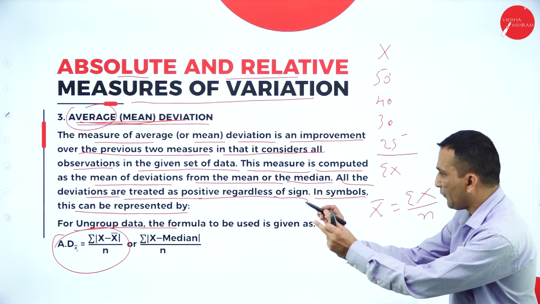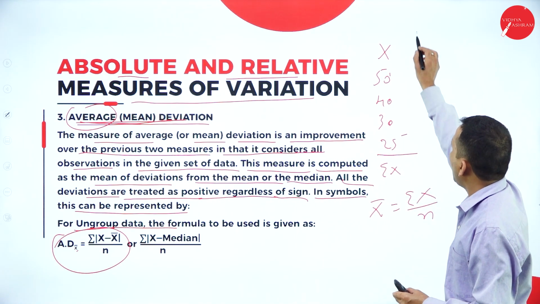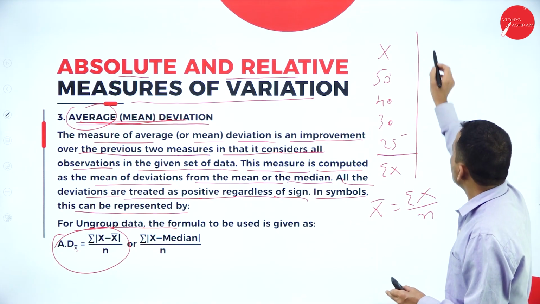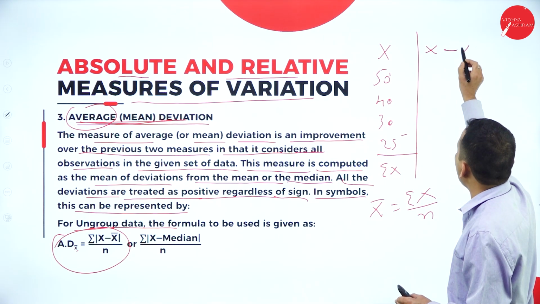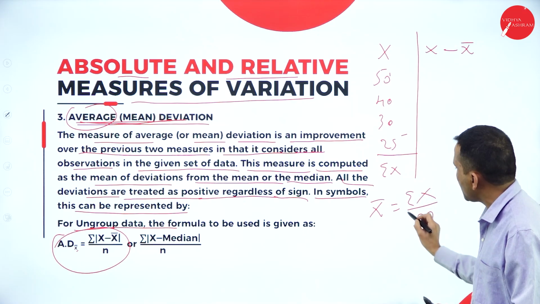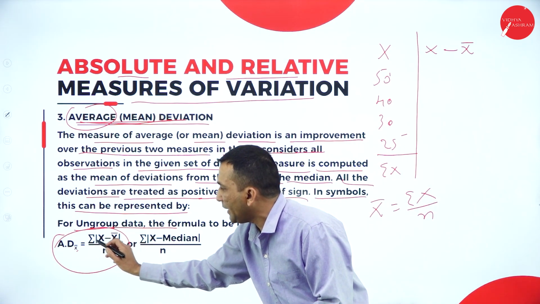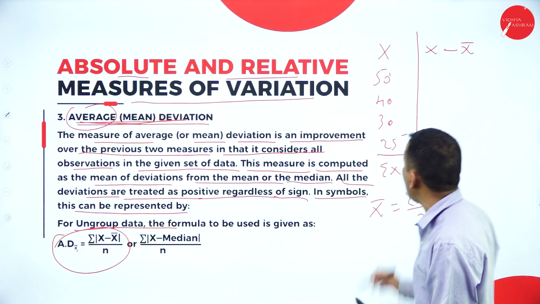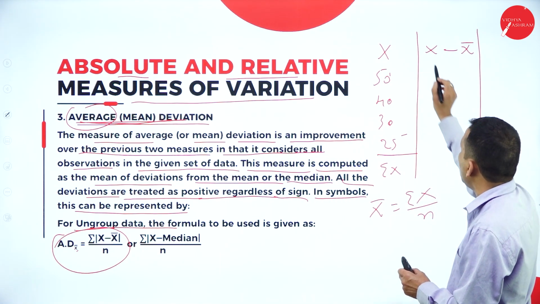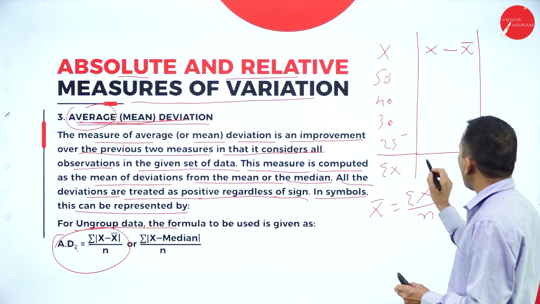According to that formula, we construct one more table, x minus x bar, because with the help of x we calculated x bar. The numerator has sigma of x minus x bar, so we construct one more table and take the total.